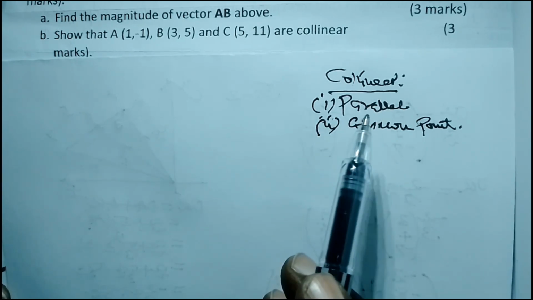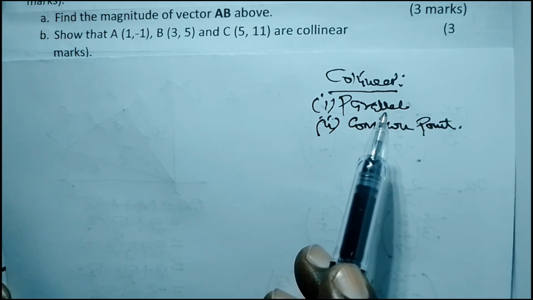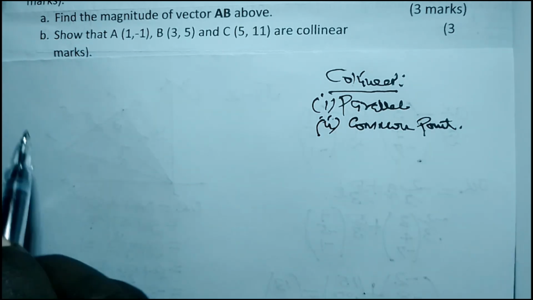We have A, B and C, each written in terms of a column vector.